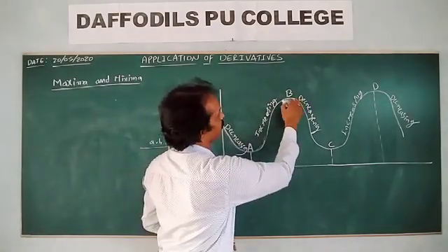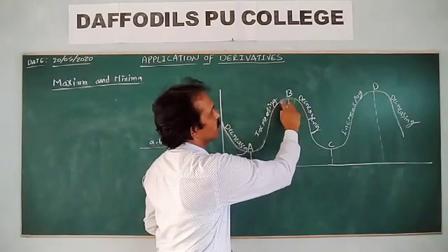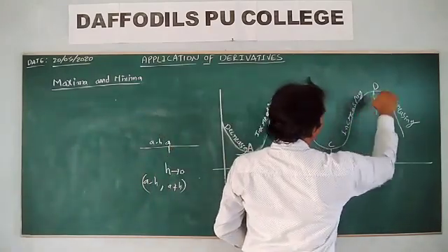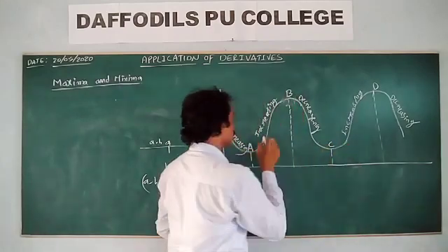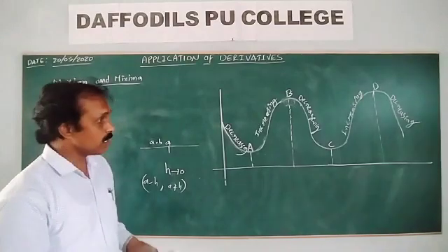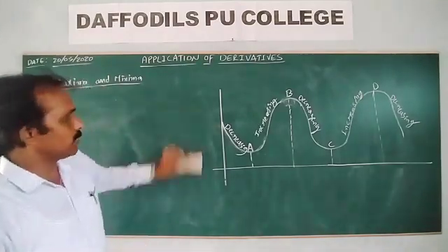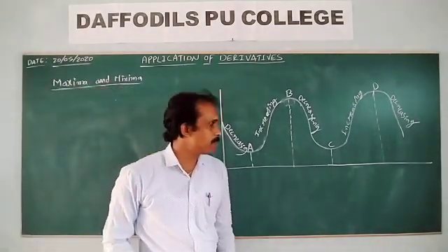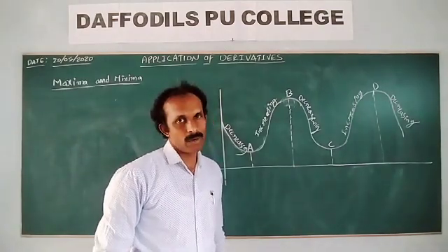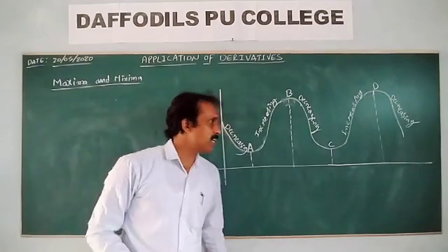Because it is maximum only with respect to some neighborhood points. So A and C are the local minimum values, and B and D are called the local maximum values.